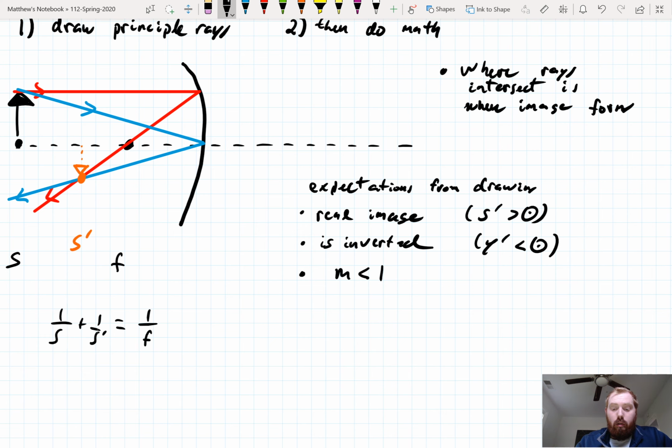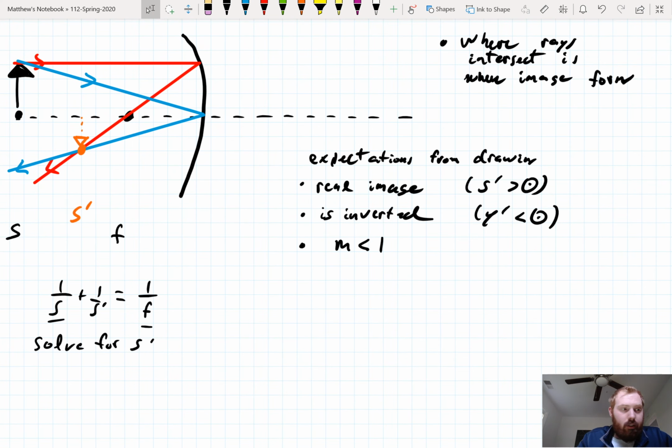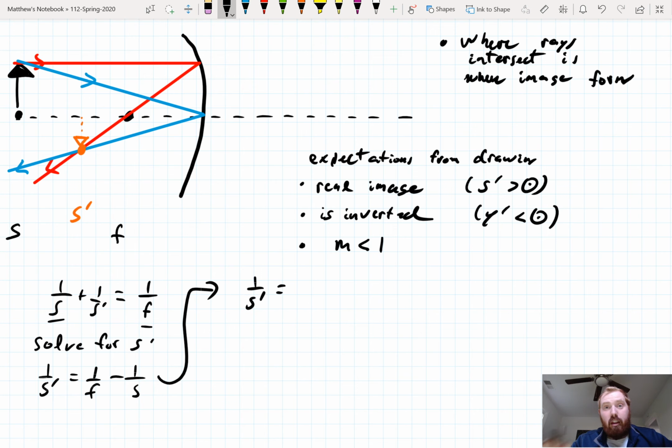All right. So we have S and F. Solve for S prime. I'll do it explicitly once. 1 over S prime equals 1 over F minus 1 over S. Get them to have a common denominator. 1 over S, multiply by S over S. 1 over F, multiply by F over F. S divided by S is 1, F divided by F is 1.